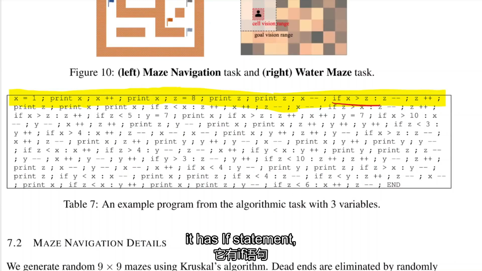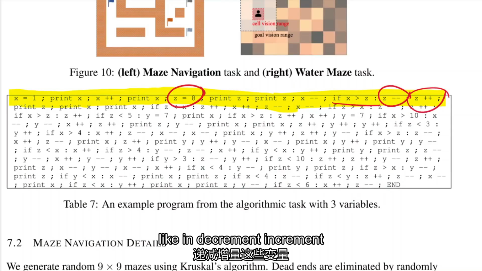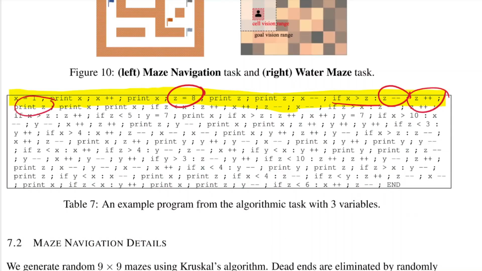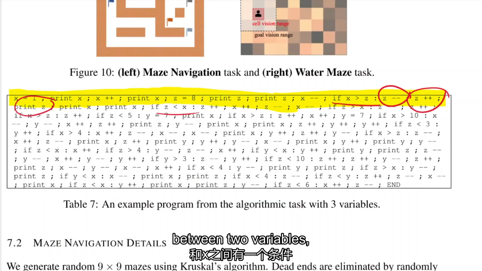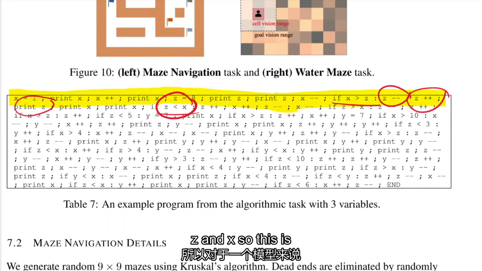You can see right here, it has if statements, so it has conditional statements, as well as variables that are set, but also things like decrementing and incrementing these variables, then printing them, then updating them again, and having some conditions on the variables, right? So there is a condition between two variables, z and x.